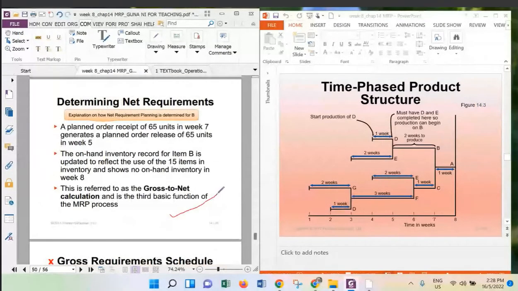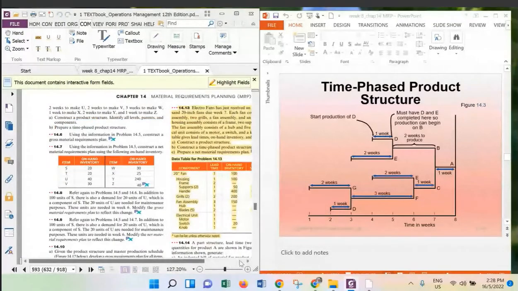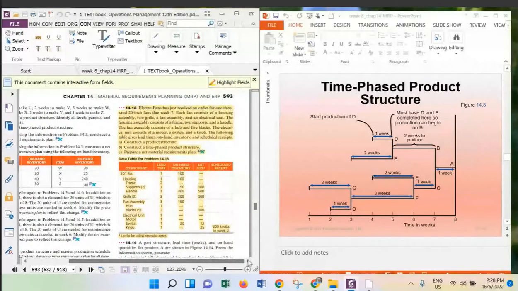Alright, we stop here. Okay, so you are going to have homework. Okay, so the homework is this one. Your submission for this homework is tomorrow. So for the remaining 1.5 hours, you need to complete this question and submit to e-learning by tomorrow.